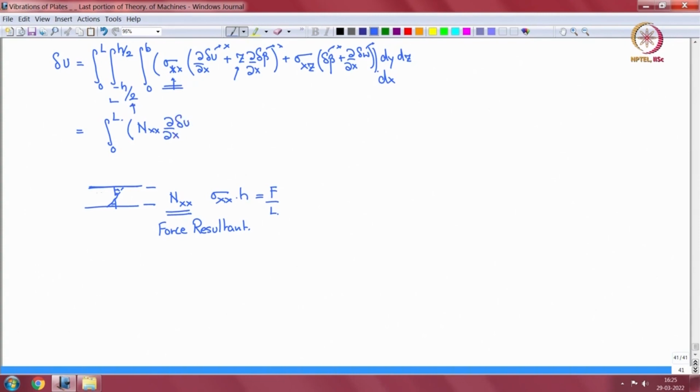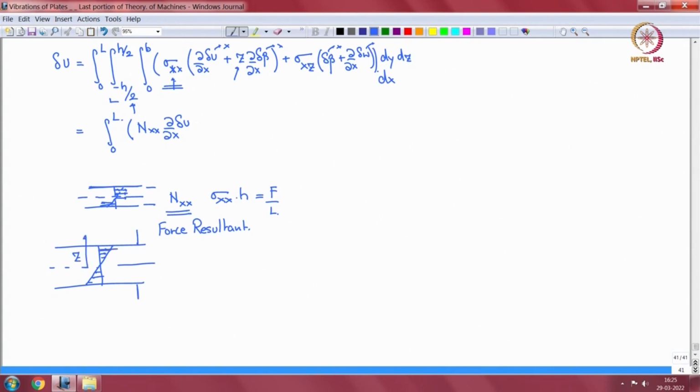Similarly, this sigma xx, whatever profile, if you multiply by z, suppose you have some profile sigma x, and this is my thickness, my z axis.